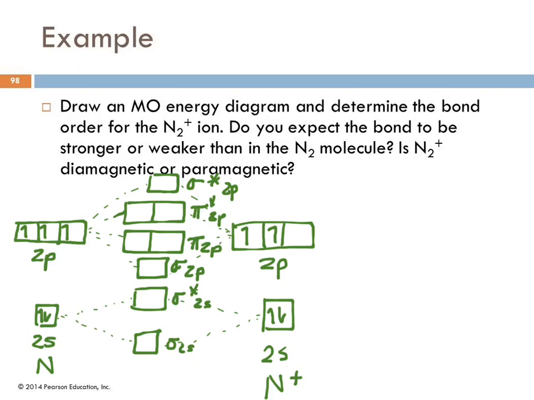Isn't this the one that flips? Very good, yes it is. This is the one that flips. Be careful now. So in that situation, it was these two that flipped, right? Let me double check that.